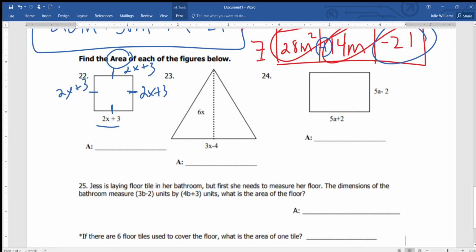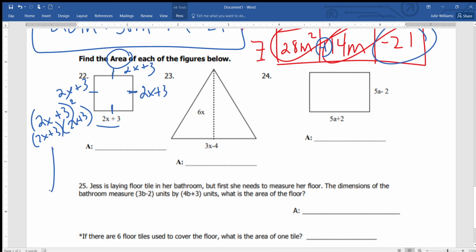Okay, remember with area of a square or with a rectangle, it's length times width. Actually, a square is just its side length squared. So I could say 2x plus 3 quantity squared, which we know means 2x plus 3 times 2x plus 3.